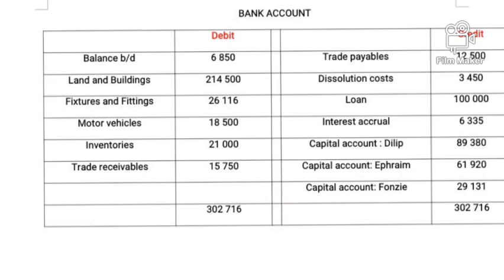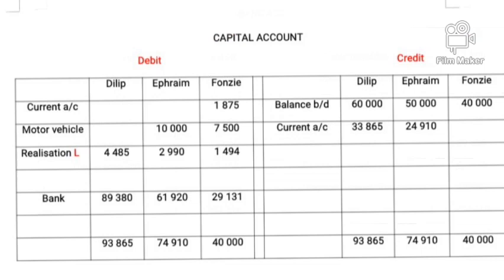After posting the entries from the realization account, we have to look in the capital account. Remember, in the capital account, the balancing figures were denoted by bank balances to represent the amounts paid to the partners, the amounts which were due to the partners. Those amounts represent cash outflow from the partnership. Since the money was being taken from the partnership to pay the partners, it represents cash outflow.